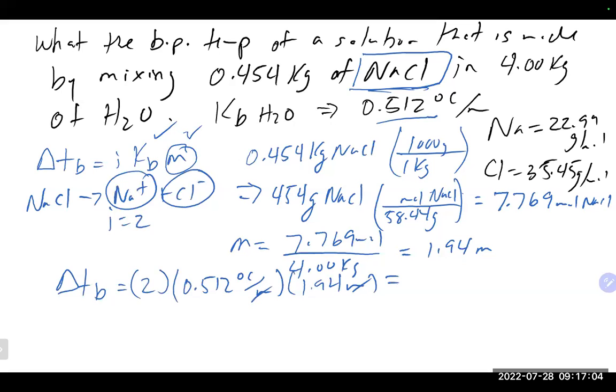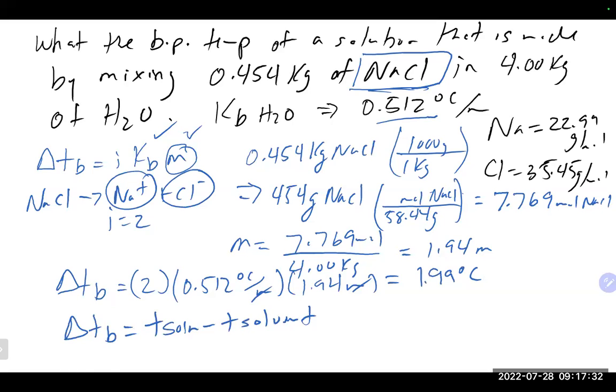That gives us a change in boiling point temperature of 1.94 times 0.512 times 2, about 1.99 degrees Celsius. A reminder that that is not the actual boiling point temperature. We do need to use our relationship that the temperature of the solution will be higher than the solvent in this case.